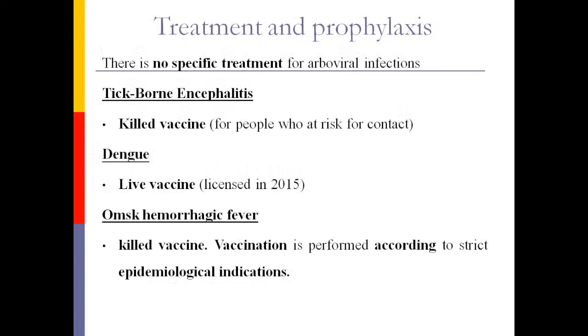What about treatment and prophylaxis? There is no specific treatment for arboviral infections, but there are vaccines for prevention of these diseases. In tick-borne encephalitis, there is a killed vaccine for people who are at risk for contact, for example, who live in forest regions where tick-borne encephalitis occurs, or who spend a lot of time in the forests due to their profession.